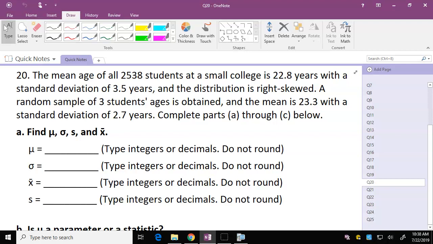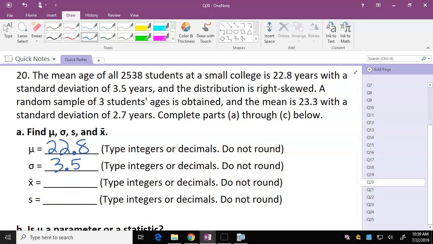Complete the following parts. So, they want to know who is mu. Yeah, the mean age of the whole school. Okay, so that's your 22.8. Who is sigma? The 3.5, because that's your standard deviation for the whole school.